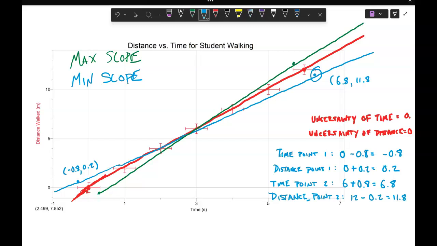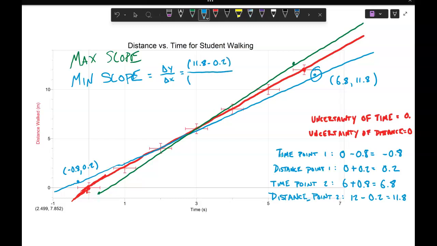Excuse me, I think I made a mistake. No mistake. Good. Yes, good. Okay, so I've got my 2 points here. Now I can find the minimum slope. The minimum slope is the change in y over the change in x. So I have that the change in y is 11.8 minus 0.2.